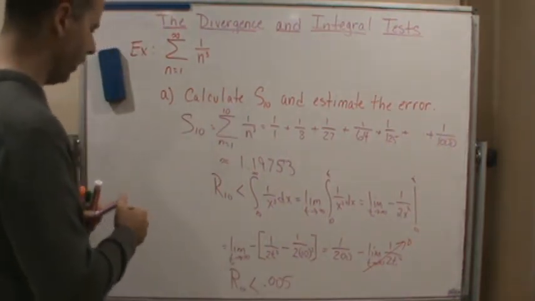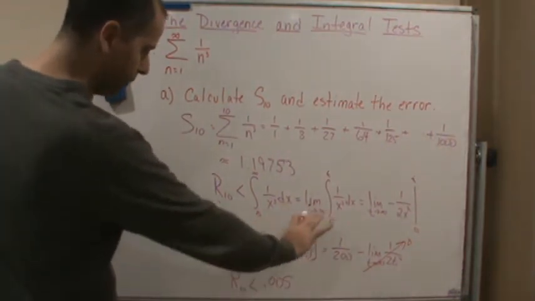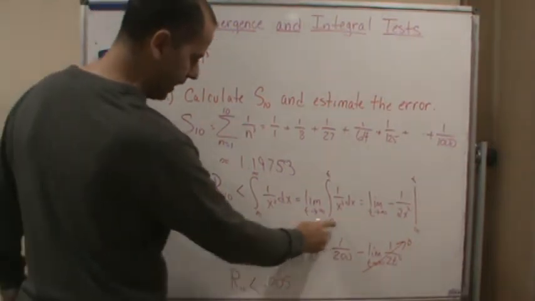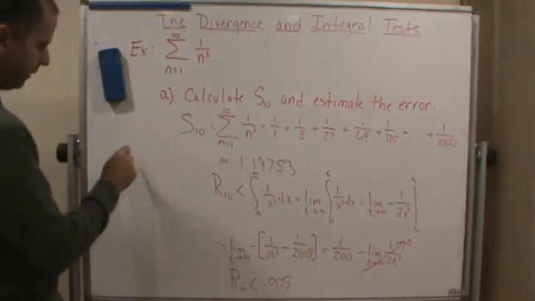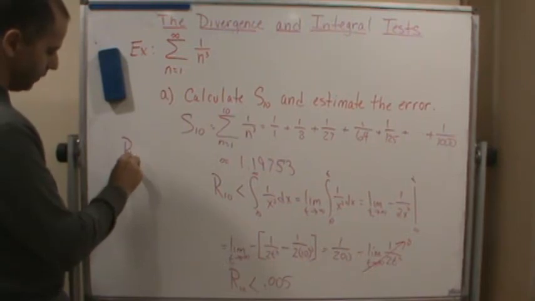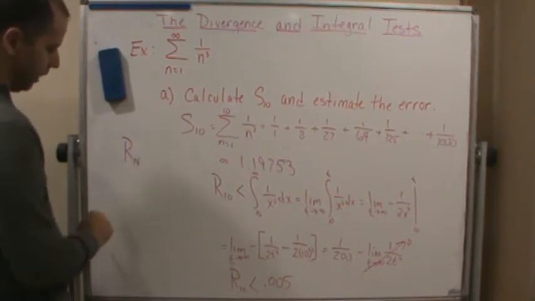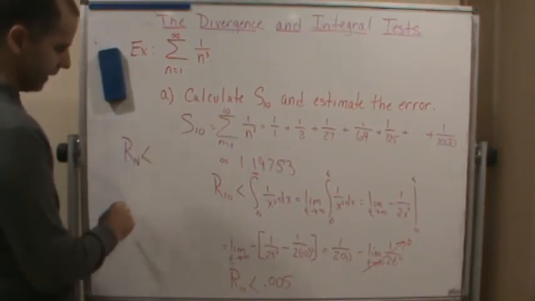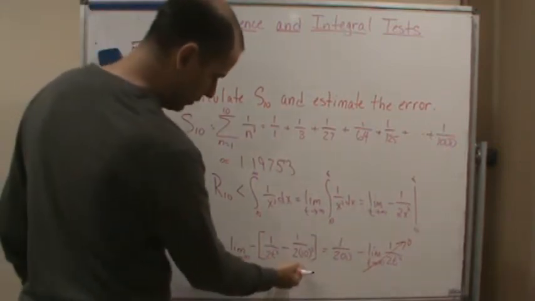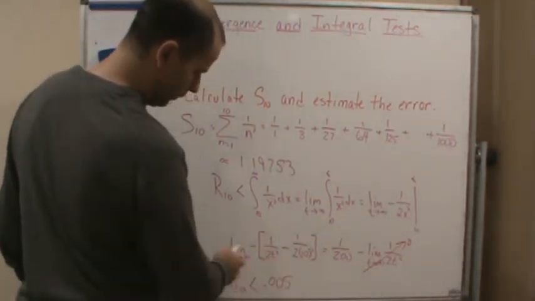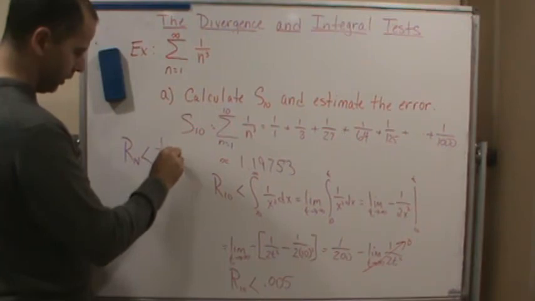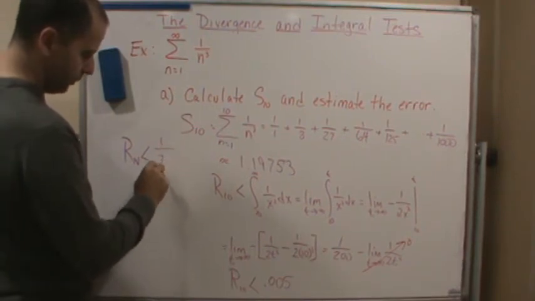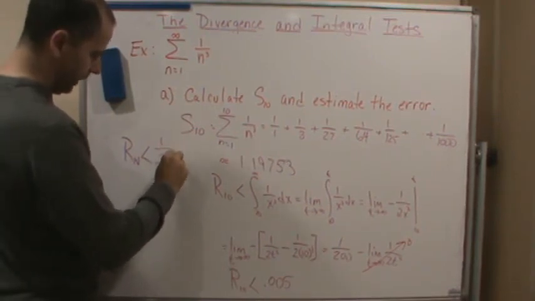Well, if you went through the same process, instead of having 10, you just had capital N, you would get the formula r sub N is less than 1 over 2 N squared.